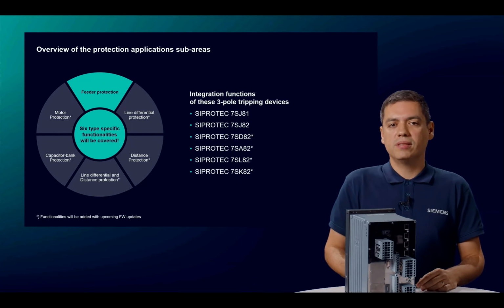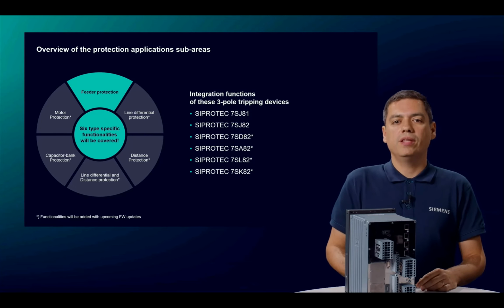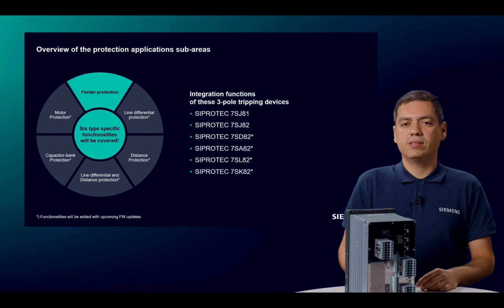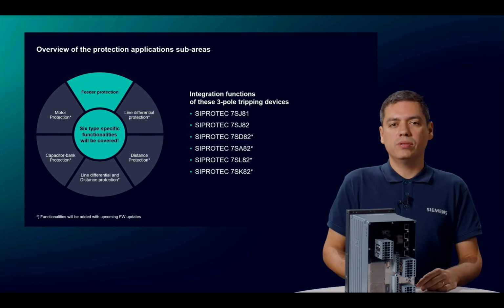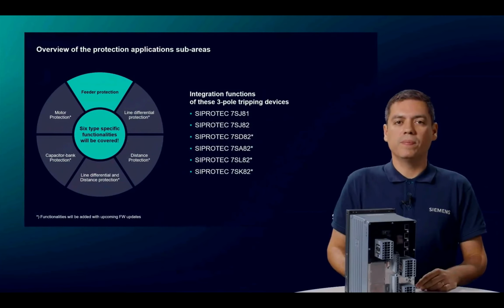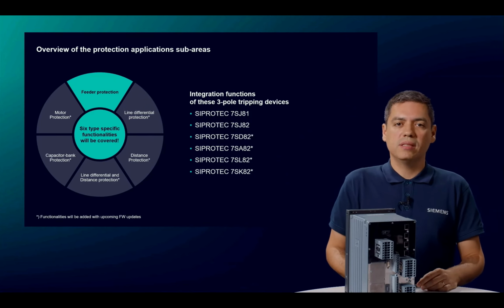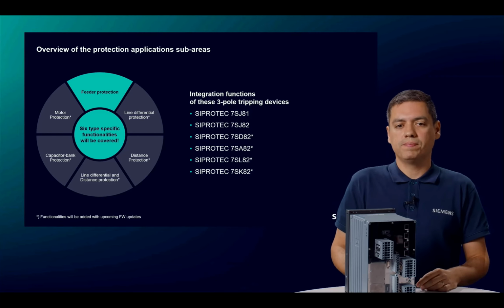As a universal device, it covers the functional scope of the following type-specific devices: the 2 overcurrent protection devices, 7SJ81 and 7SJ82 of the SIPROTEC 5 series, which also contain capacitor bank protection functions; the distance protection 7SA82, the line differential protection 7SD82, and the 7SL82, in which the latter 2 main protection functions can be used in parallel; and last but not least, the motor protection 7SK82.